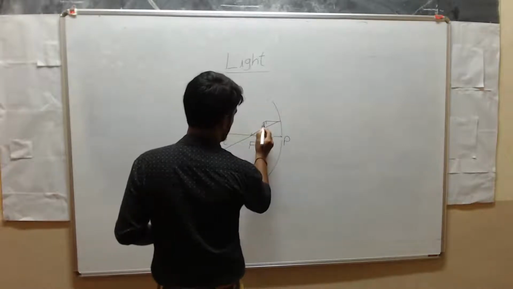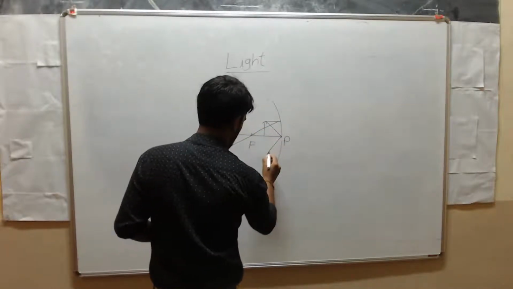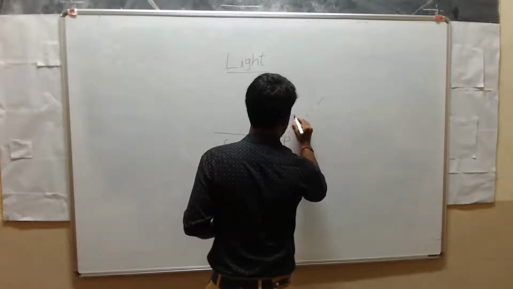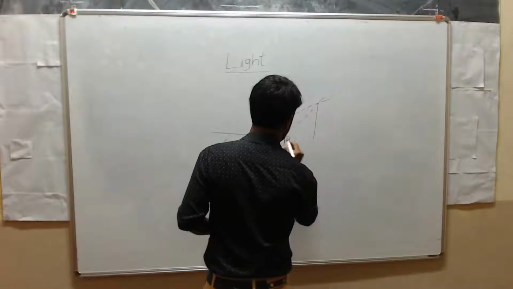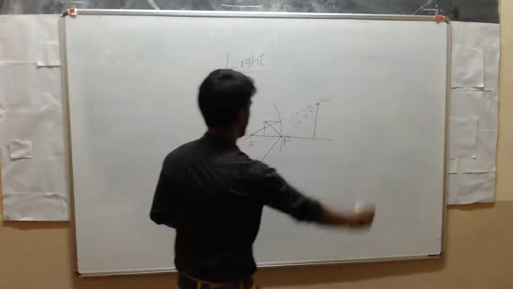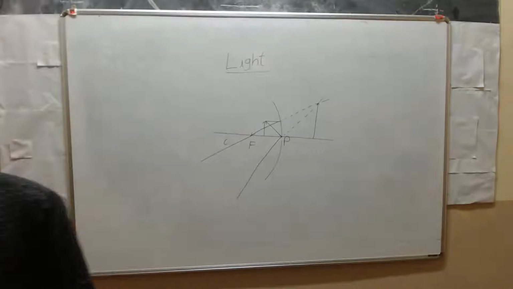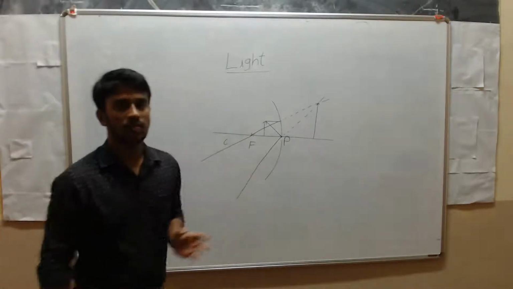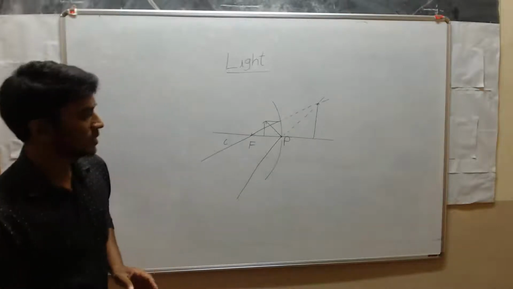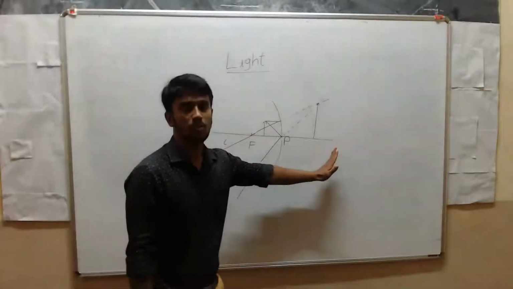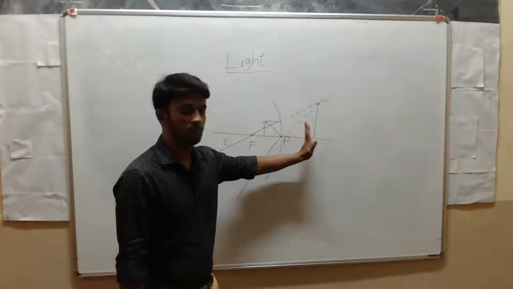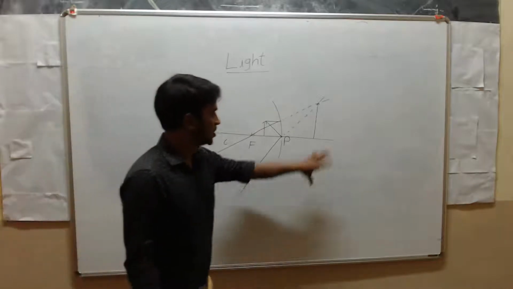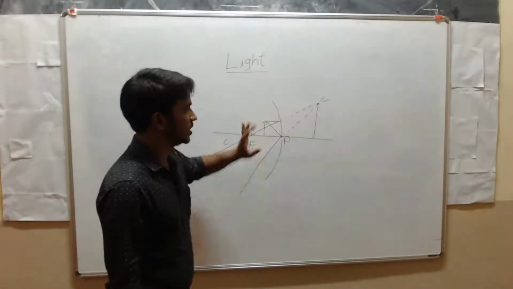Now the position of the object is between F and P. Then where is the position of the image? The position of the image is behind the mirror, and the size of the image is enlarged, because the size of the image is greater than the size of the object.